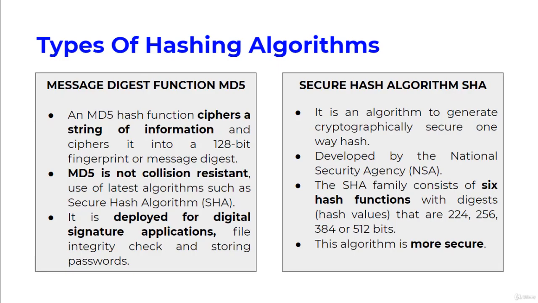Hence, NIST called for a new competitive hash function. In October 2012, NIST chose the Keccak algorithm as the new SHA-3 standard. Keccak offers many benefits such as efficient performance and good resistance to attack. Therefore, SHA is stronger than MD5.